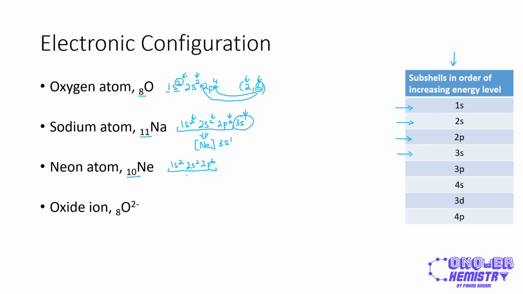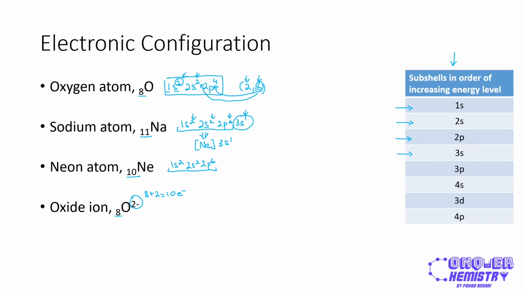So for example, for the oxide ion, we have 8 protons. This 2 negative charge tells us we have a total of 8 plus 2 equals 10 electrons. So the electronic configuration for the oxygen atom was this, 1s2, 2s2, 2p4.